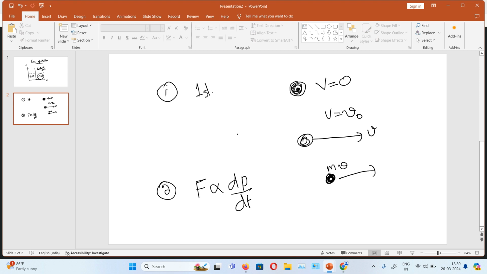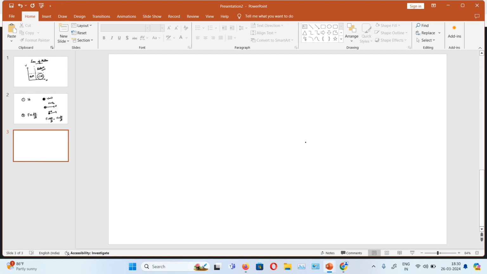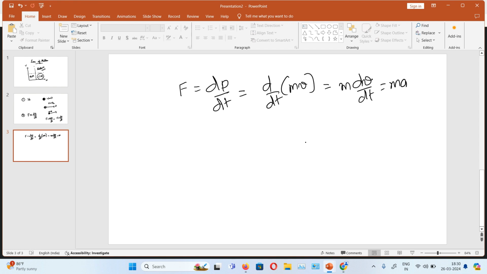The time rate of change of momentum is directly proportional to force, so F is equal to k into dp by dt. We define the proportionality constant so that F is equal to dp by dt. This is d by dt of m into v. Since m is a constant, it is m dv by dt, so ma.